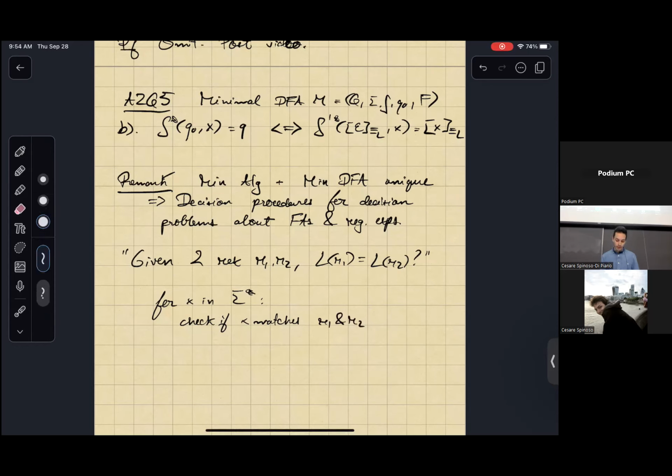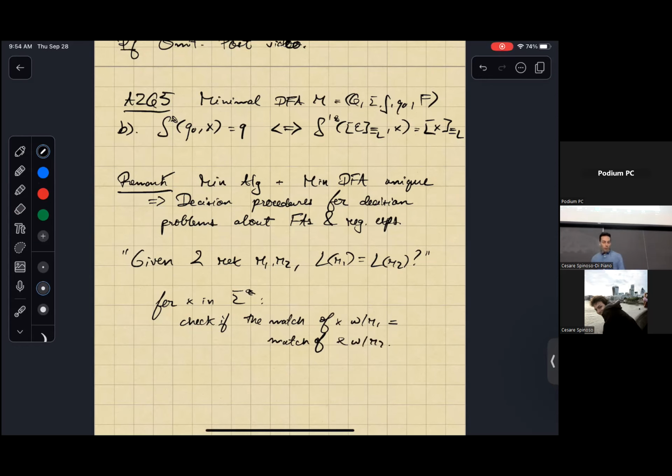Well, in other words, check if the match of x with R1 is equal to the match of x with R2. So this is a naive, brute force way of doing it.